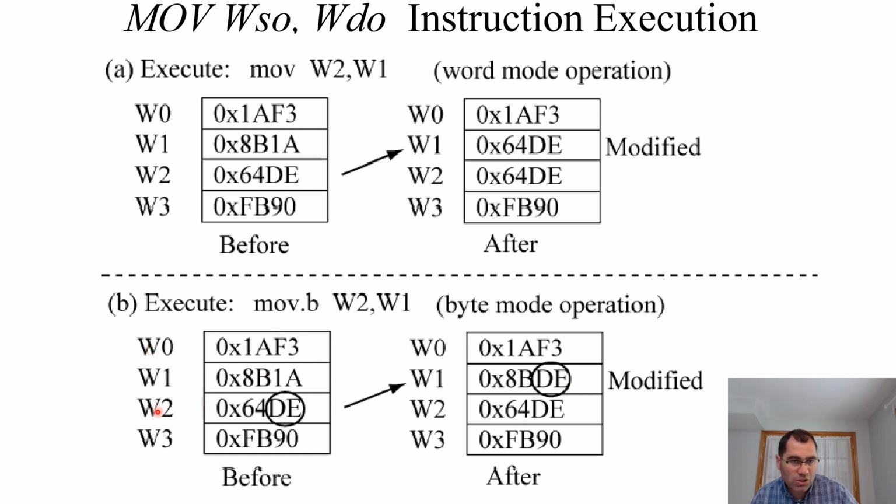W0 didn't change, W2 didn't change, W3 didn't change. The only thing changed is the least significant byte of W1. 8B remains the same because we did the byte operation. So, before and after.